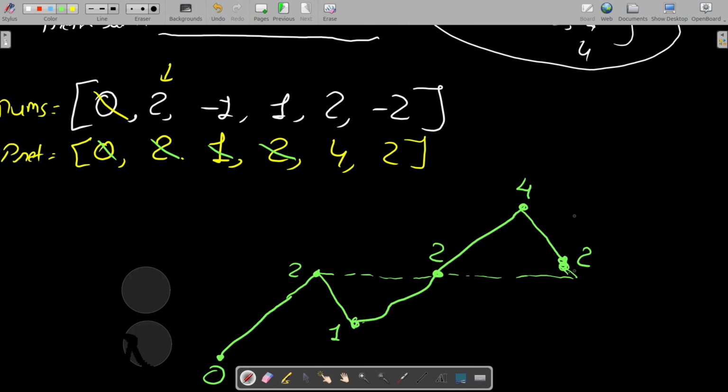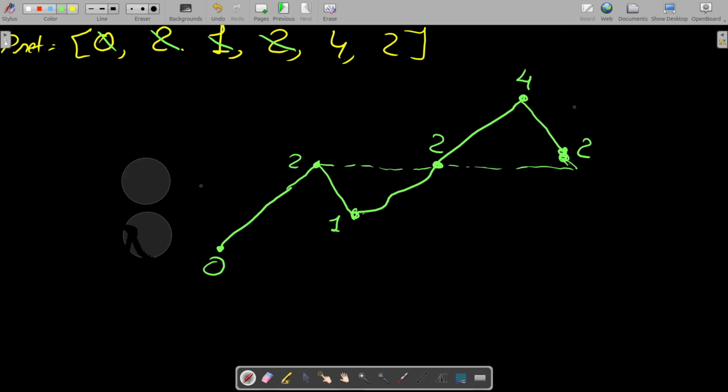Can we observe something: whenever there is a dip coming, whenever we are going down in the answer, there is a certain point where our answer increases at least to that position or before that.